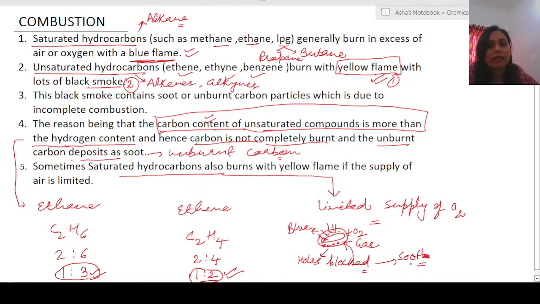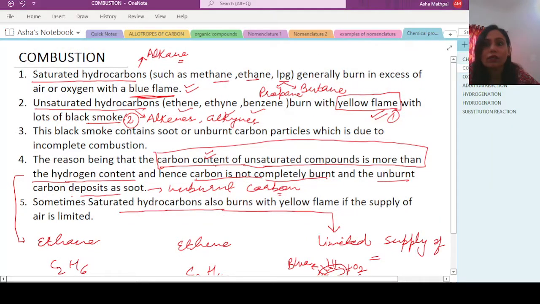It means that at that point of time the gas is not getting a sufficient supply of oxygen, and it is burning in a limited supply of oxygen, and that is why the bottom of the utensil is getting blackened. It is all because the gas is not getting burnt properly in a sufficient supply of oxygen.